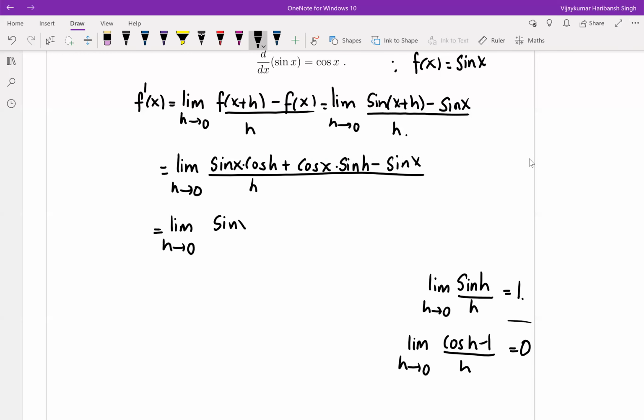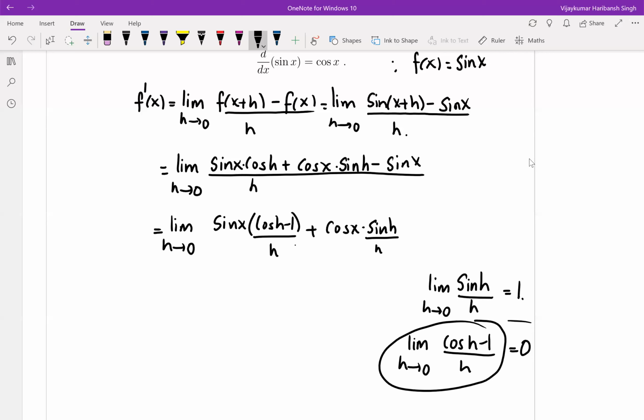I'm dividing by h throughout, and the reason for this arrangement is that I have these limits which I'm going to use. The limit as h goes to 0 of this part is 0, so you get 0. And in the second one, you can reorganize as follows. Sine x has no h in it, so it is constant with respect to h, and it will come out of the limit.